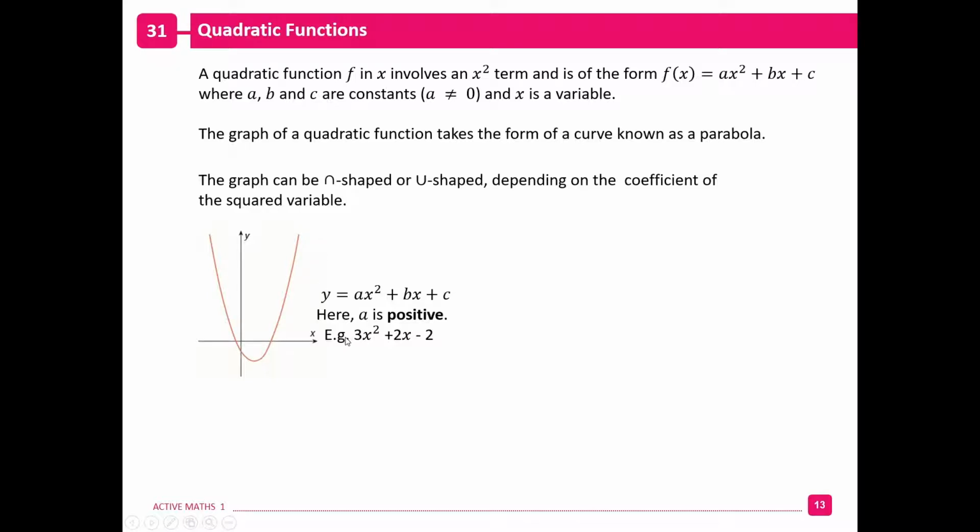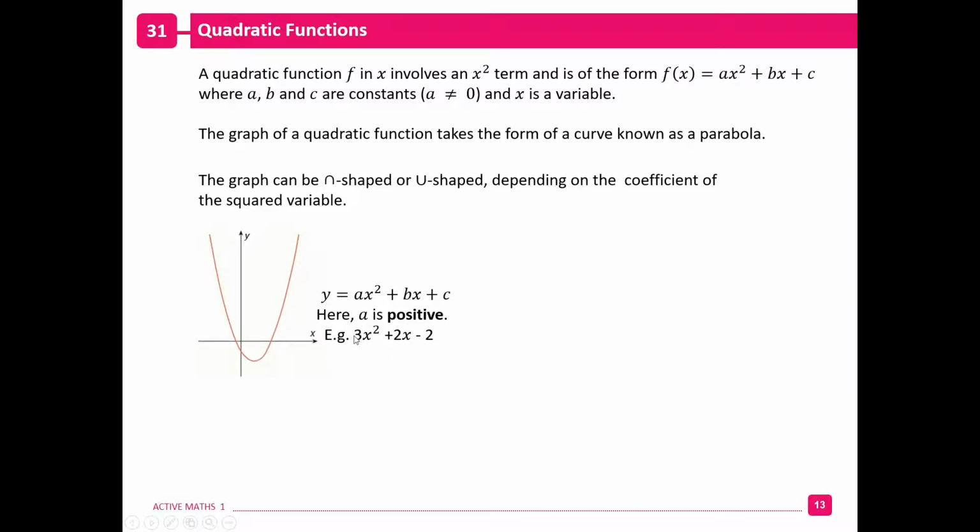And that's why it's quite helpful to think of it as a smile or a frown, because you smile if you're positive, if you're feeling quite happy. Now, this is what an example of a quadratic function will look like. Notice that the letter that's squared, so x squared, has a number in front of it, the coefficient, which is positive. It's the number 3.